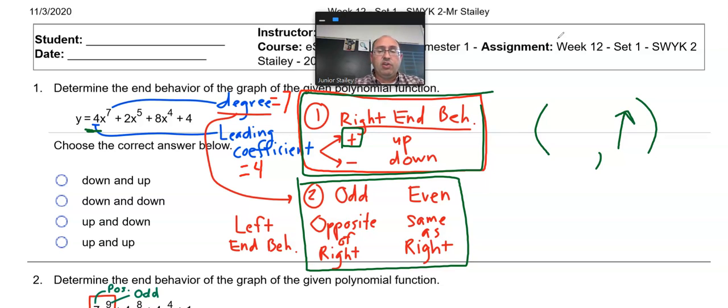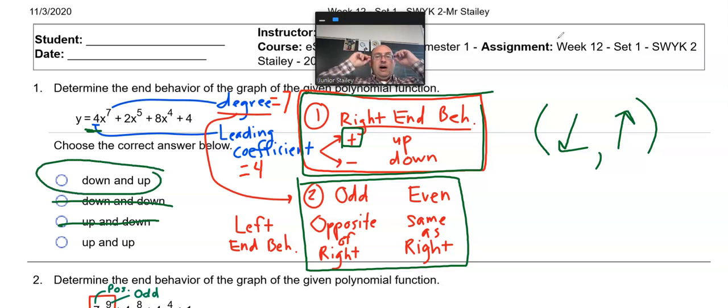We do have an odd degree, and that means it is the opposite, so I would have that side going down. All I'm doing now is looking for the choice that matches. When we decided that the right end behavior was up, that immediately got rid of these two choices. Then because the degree is odd, we knew the left was opposite.